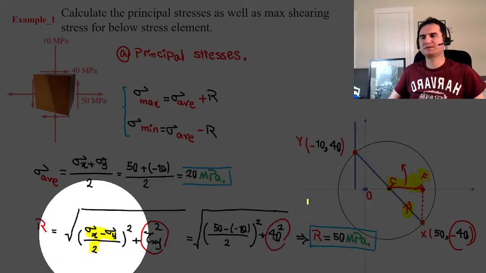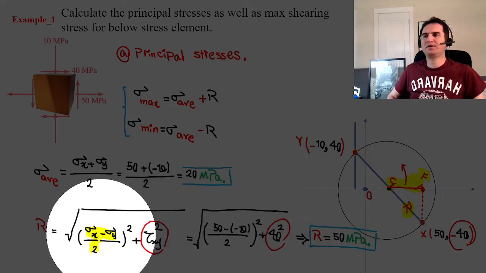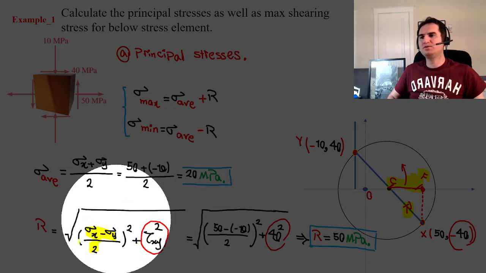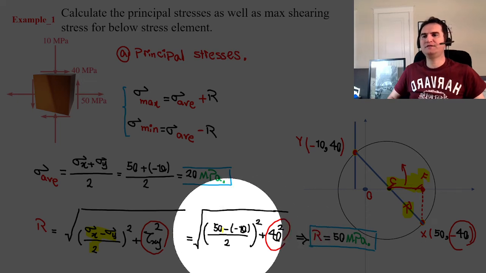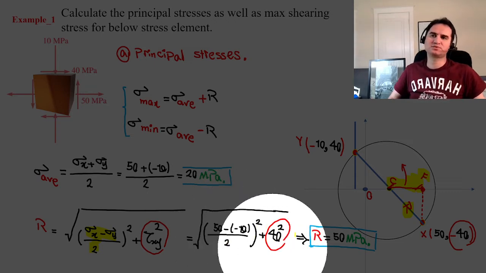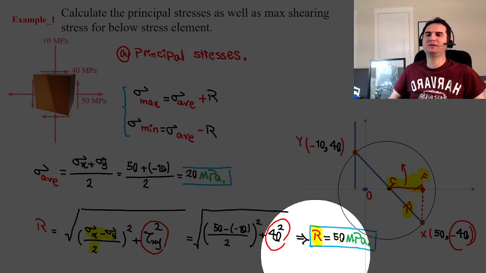That's the square root of sigma x minus sigma y over 2 squared plus tau xy squared, which is 40 squared. That's 50 minus negative 10 over 2 squared plus negative 40 in parentheses squared, and that gives you a numeric value of R of 50 megapascal.